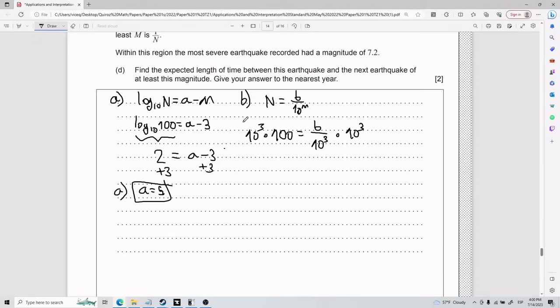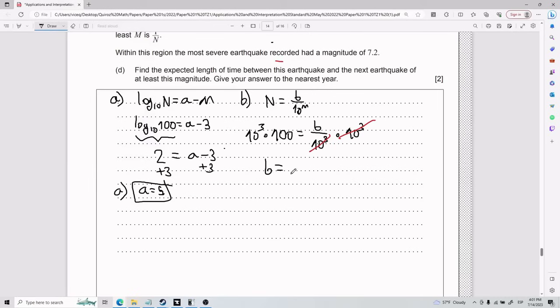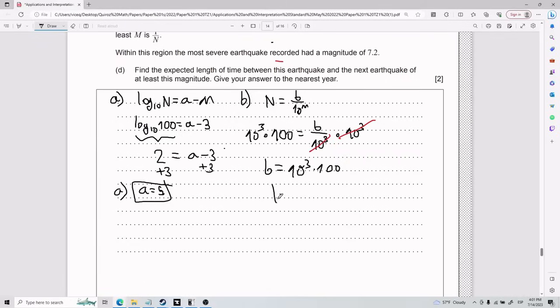Okay, multiply by 10 to the power of 3 on both sides. What does this do? Bada bim, bada boom. That goes away. I end up with b alone. b equals 10 to the power of 3 times 100. Alright, I can literally do that on my calculator. 10 to the power of 3 times 100 gives me a whole lot of zeros. b equals 100,000.